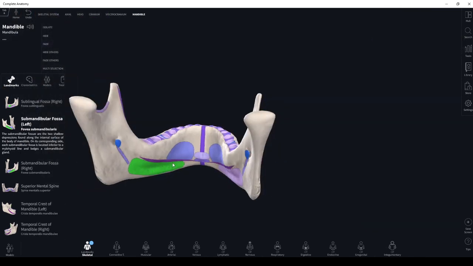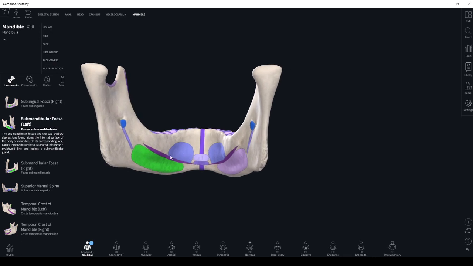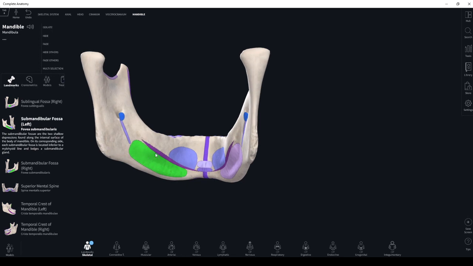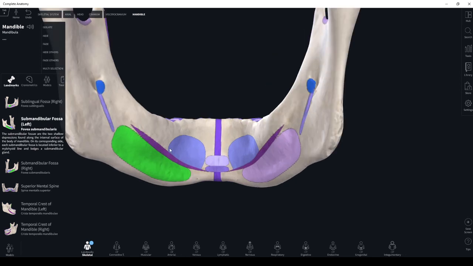It is a shallow depression found along the internal surface of the body of the mandible, the lodge for the submandibular salivary gland.